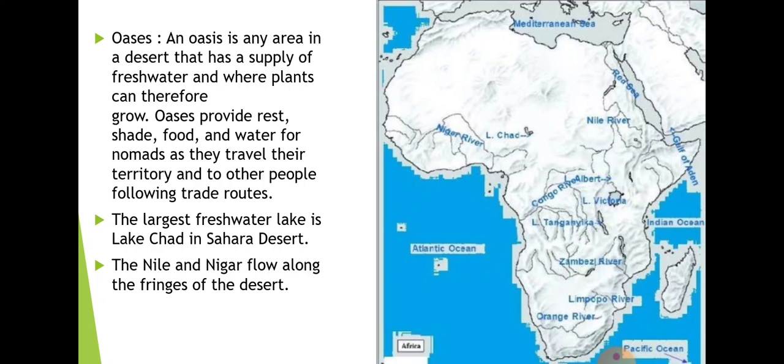The oasis is surrounded by many trees. The people who live near the oasis grow some crops. They get water from there for their household work, irrigation and other works. Also they provide water to the nomad people, who move from one place to another.